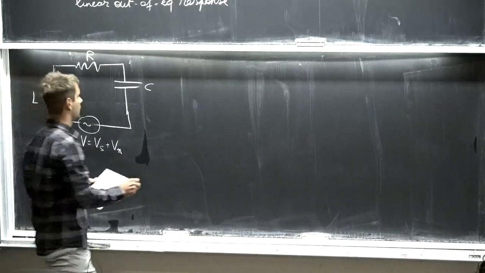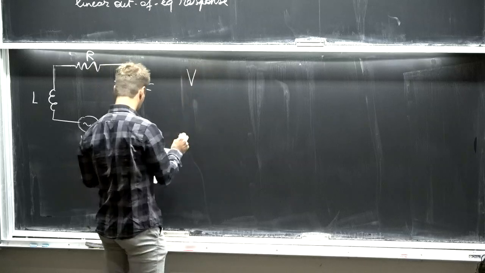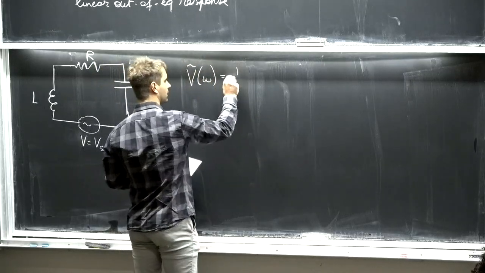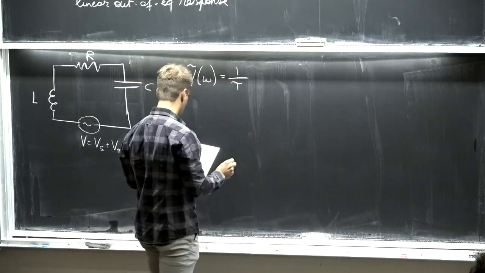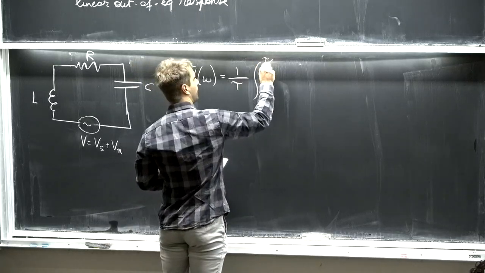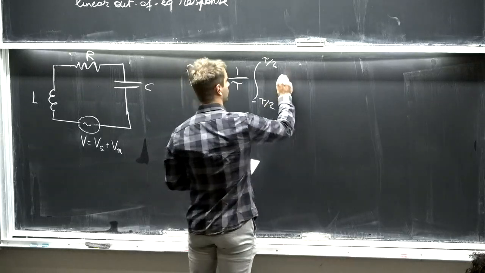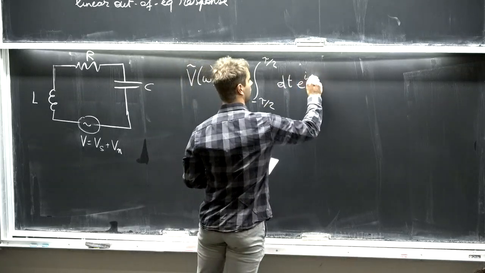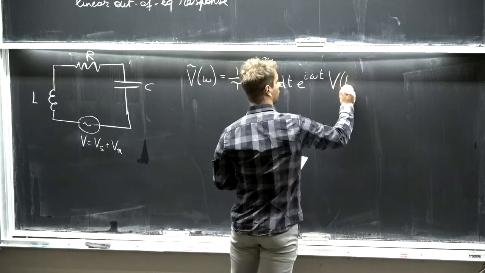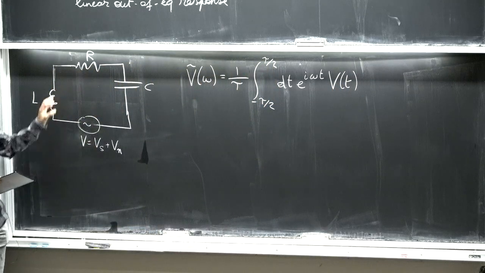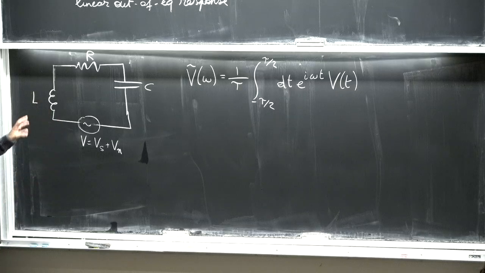Okay, so it's helpful to Fourier transform. So typically we take our measurements over some time tau. So we take this finite time Fourier transform of our voltage. So this will be, I'm going to start with an electromagnetic resonator, but the same thing will hold for a mechanical harmonic oscillator, for example.